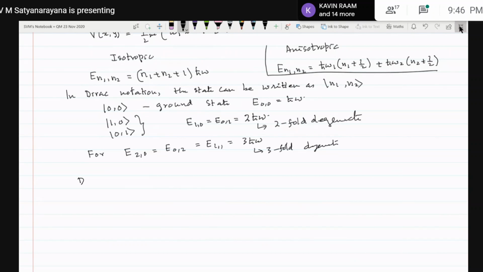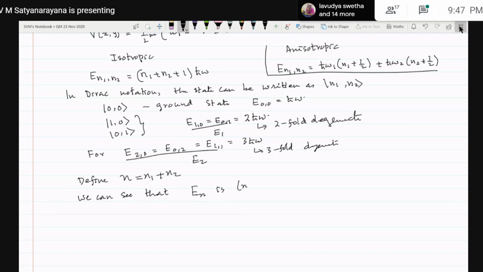So if you define a quantum number called n, which is equal to n1 plus n2, and write all these energies, this energy you write as E2, and this you write as E1, etc. You can see that En is n plus 1 fold degenerate.